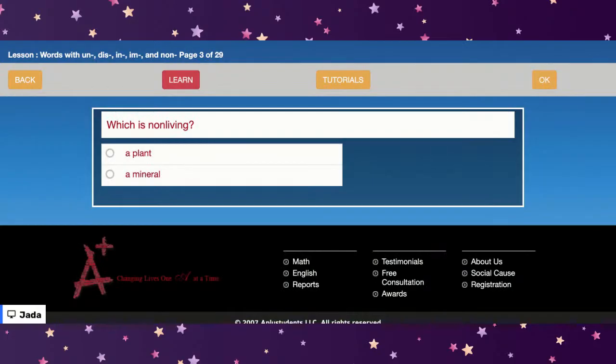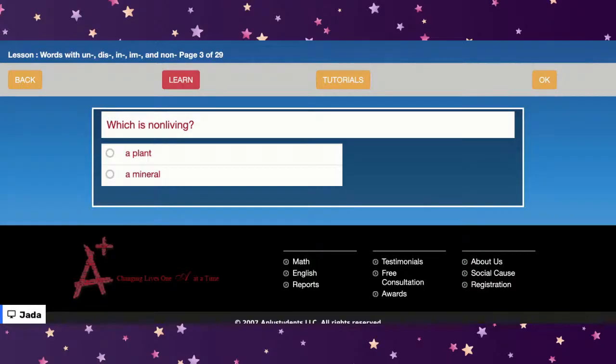Which is non-living, a plant or a mineral?